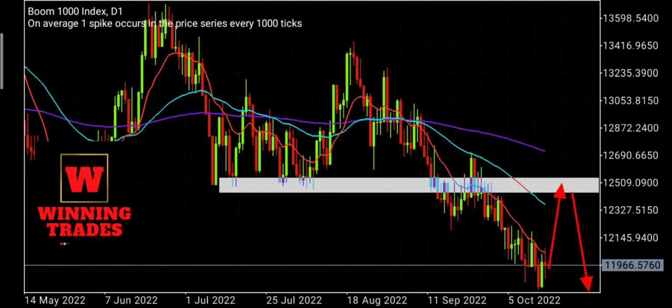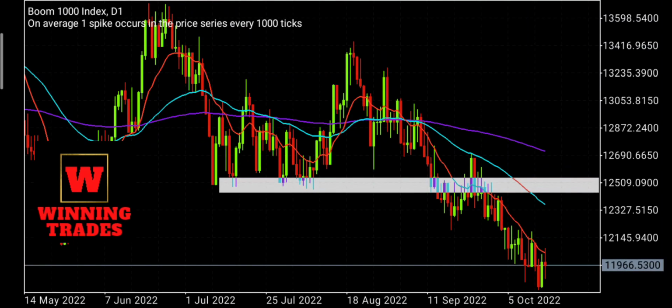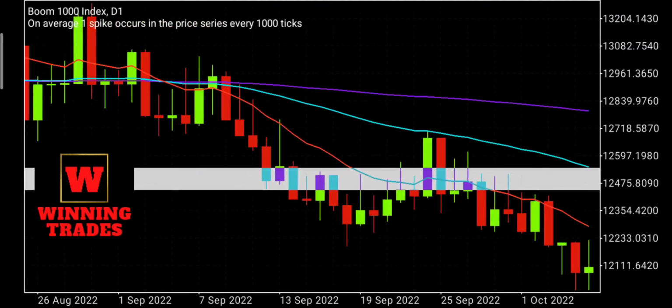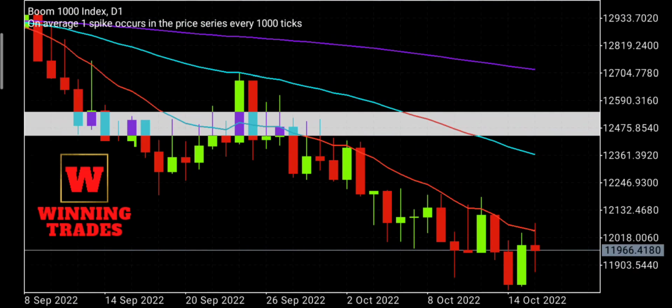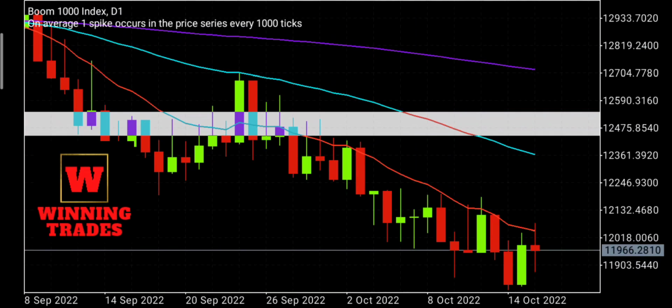So for me, I will support a buy on Boom 1000 for this week, right guys? So let's watch out for that. You can see this bullish momentum coming into the daily here. See the bullish momentum. See this bullish candle came in with the next rejection candle. So let's see what happens on Boom 1000, but I'm all for buy.